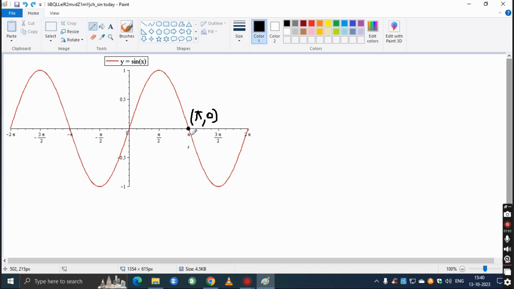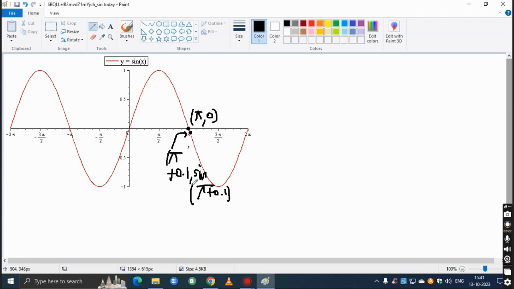Now let us consider another point really close to pi comma 0. Like how about pi plus 0.1 comma sine of pi plus 0.1. So that's the coordinates of this point.